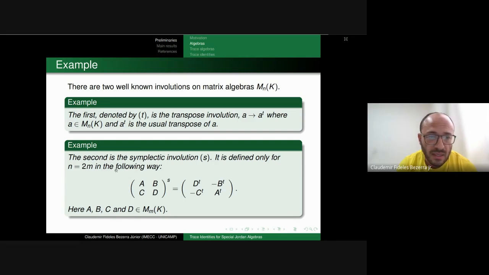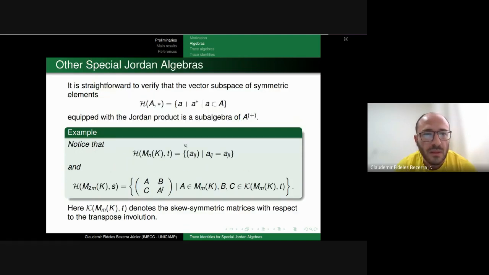It is defined this way. It is well known that over an algebraically closed field, only these two involutions exist.